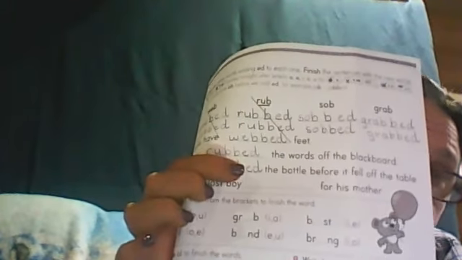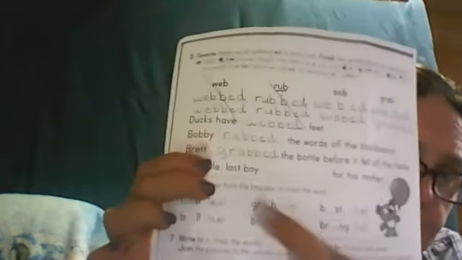Two letter B's, don't we? So you wrote one, but now you're writing the next one, B. Then you're writing the letter E. And finally, you're writing the letter D. So all up, you're going to have the word grabbed.